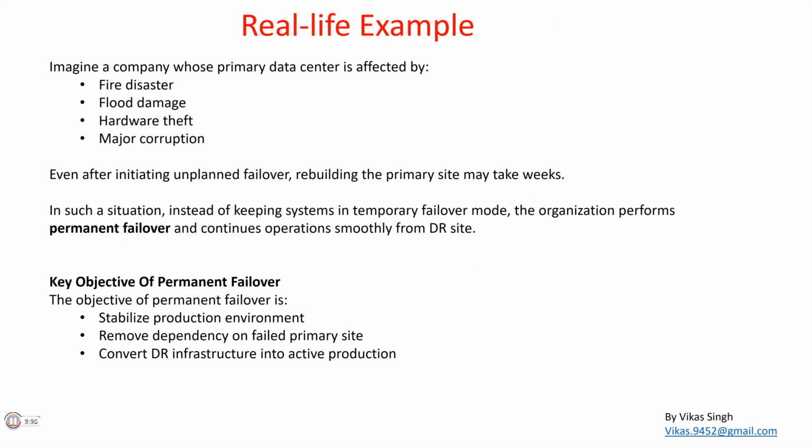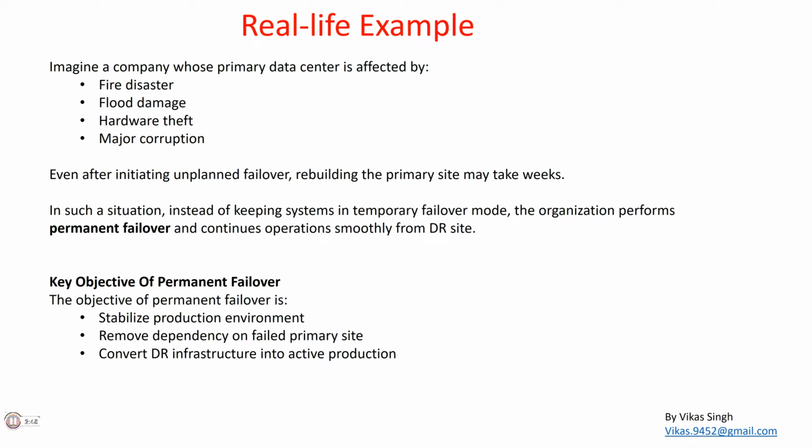Let's take a practical example. Imagine an organization where the primary data center is impacted by a disaster such as a fire, flood damage, hardware theft, or a major corruption. Even after performing an unplanned failover, rebuilding the primary data center is not going to be easy, and it can take days or even weeks.